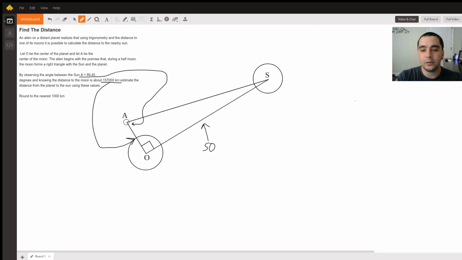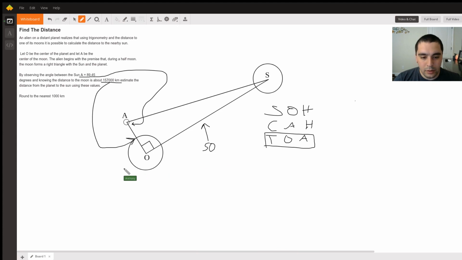Now we have to use the standard trigonometric functions. We have SOH CAH TOA. In this case, we have the adjacent side, and we're looking for the opposite side, not the hypotenuse. So we're going to use TOA, or tan.